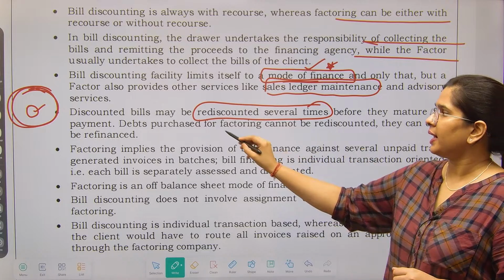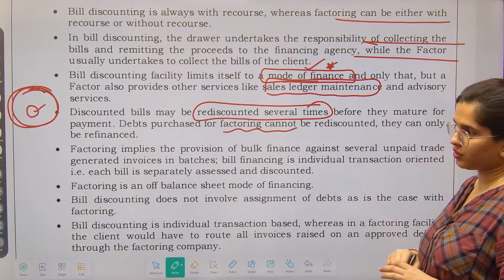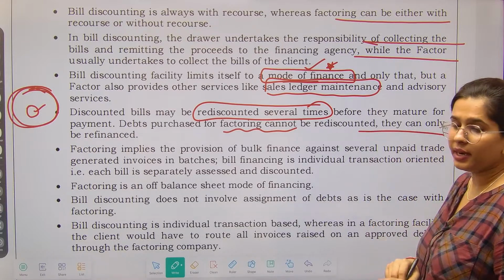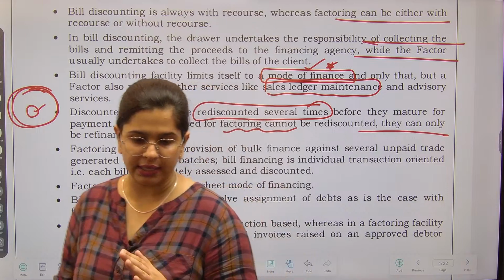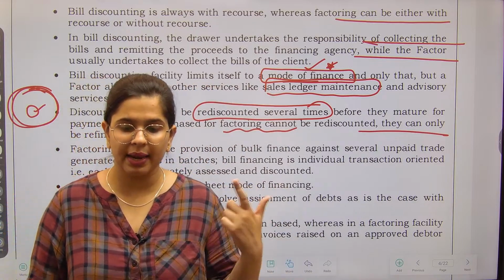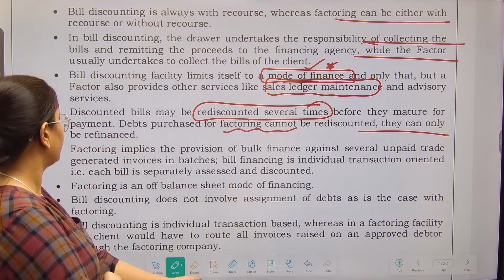A discounted bill may be rediscounted several times, right? But once debts are purchased by factoring, they cannot be re-discounted or refinanced. ठीक है? एक बार दे दिया तो दे दिया. Whereas bill discounting can be done several times.